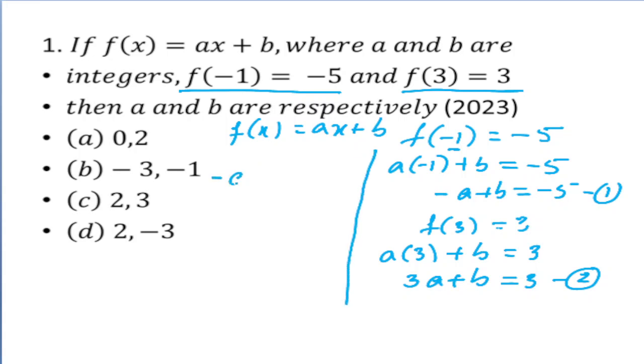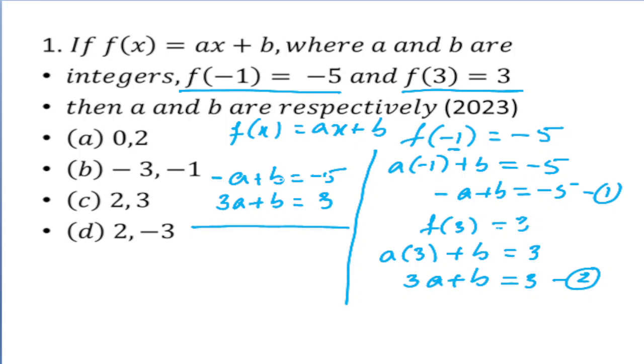First equation is minus a plus b is equal to minus 5. Second, 3a plus b is equal to 3. Now to solve this, we have a few methods. We'll go by the elimination method here. To go by the elimination method, let's see the coefficient of variables.